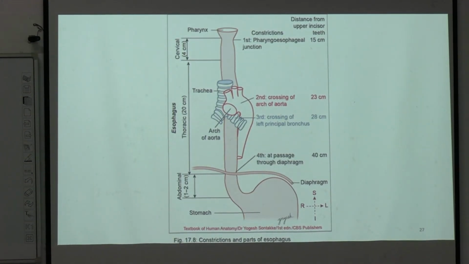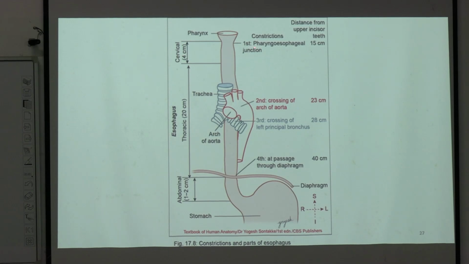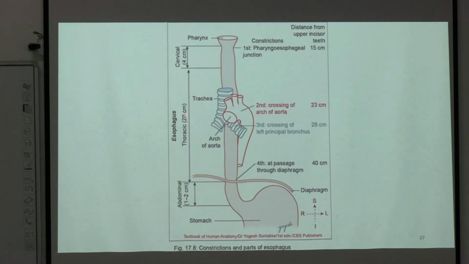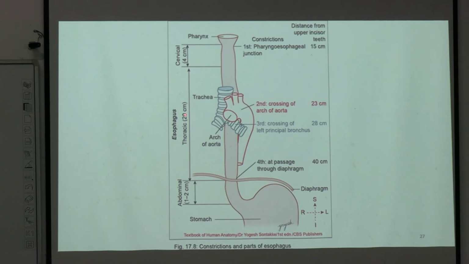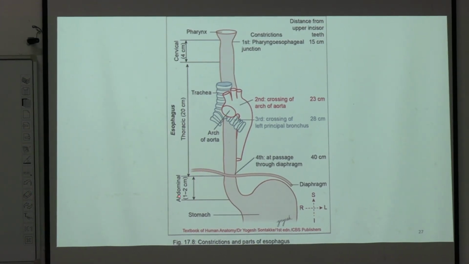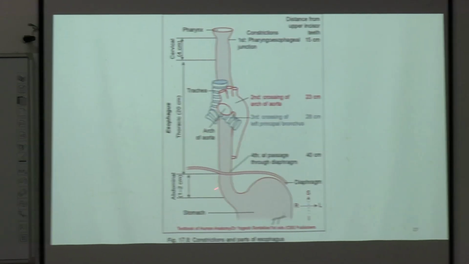Now you can see the constrictions and parts of the esophagus. Now the pharynx is here. The first constriction is the pharyngoesophageal junction. This is the pharynx and the esophagus begins here. The cervical portion is 4 centimeters, the thoracic portion from here is 20 centimeters, and the abdominal portion is 1 to 2 centimeters.